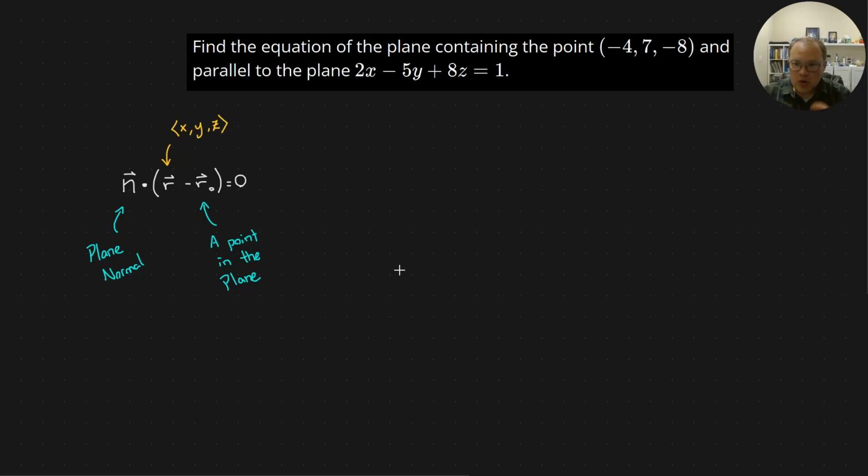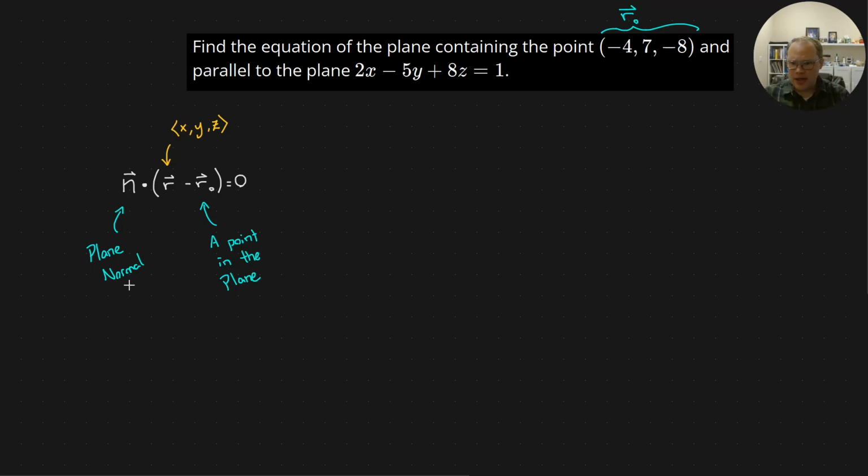Okay? So we need the plane normal, we need a point in the plane. And we already got the point in the plane, right? There we go. We could use another point if we did the work and found another point, but this is right there and it's ready to go, so that's the easiest one to use, okay? So that's going to be our point in the plane r naught, all right?